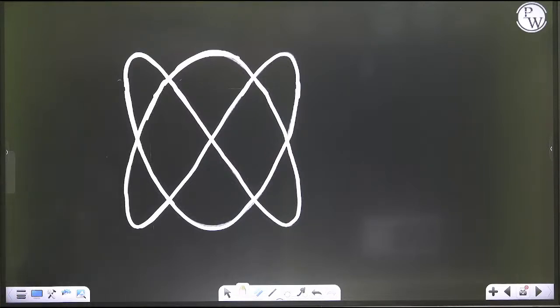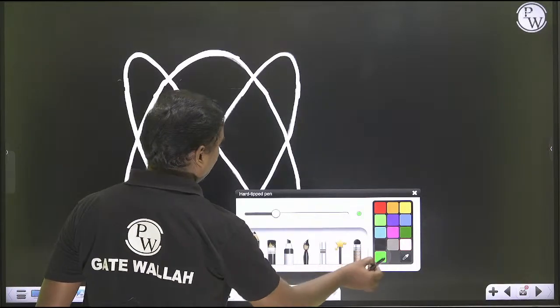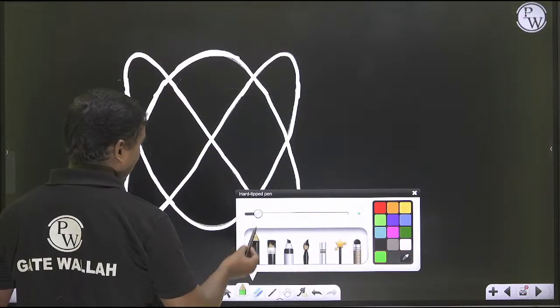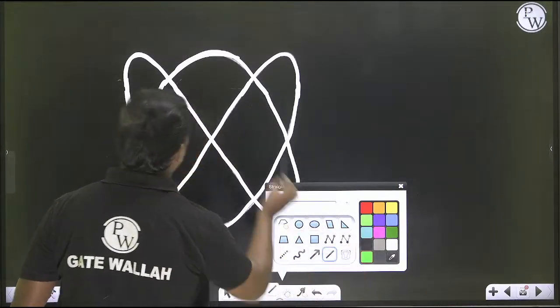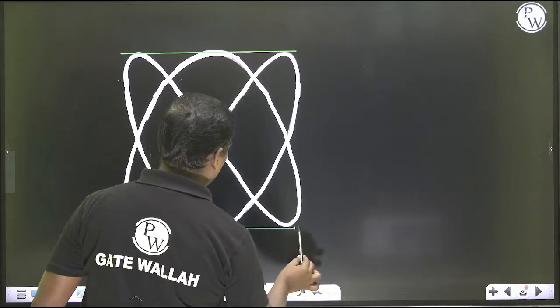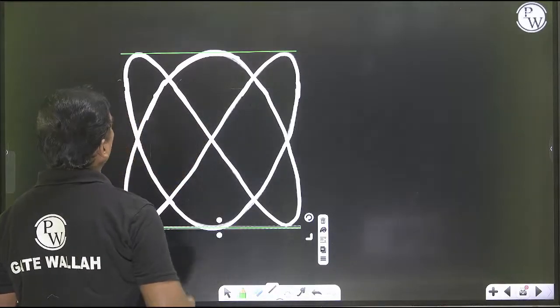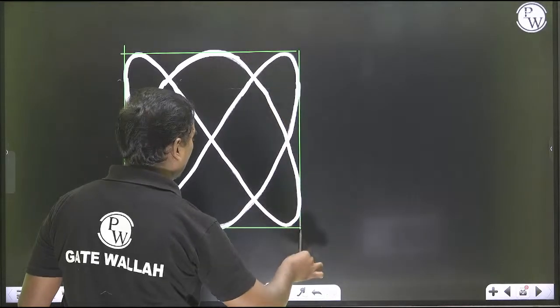Yeah, you see here, there are two methods. If you take the tangencies method, draw a tangent here, horizontally touching 3, and vertically touching 2.